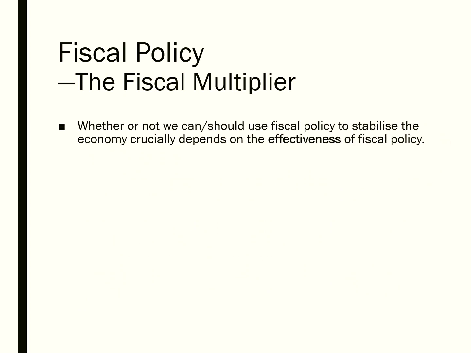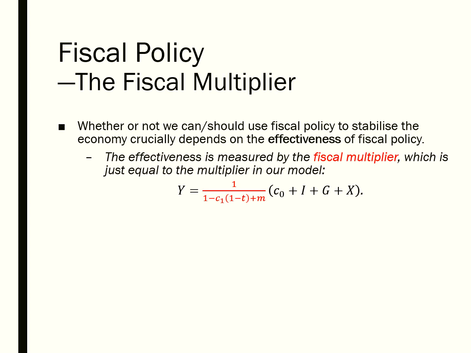So at the end of the day, whether or not we should use fiscal policy to stabilize the economy actually depends on the effectiveness of fiscal policy. It's quite straightforward. If it is effective, then you should use it. Otherwise, you shouldn't. So the effectiveness of fiscal policies can be measured by the fiscal multiplier.